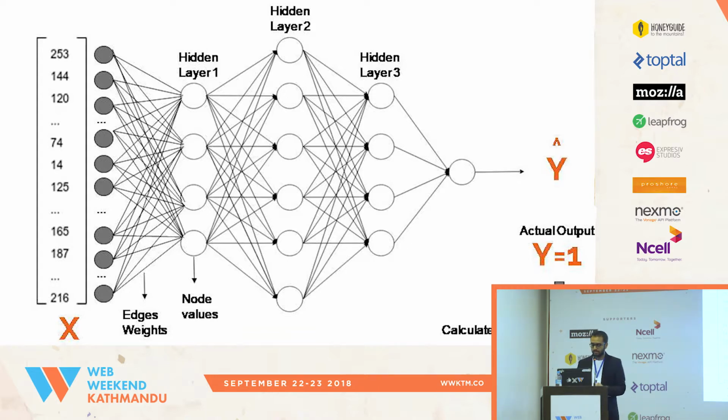What happens at the end is that we get this value of y hat. In the very beginning we may be very far from the target, because this is the image of Dafe, so the actual output should be 1. But we're not going to get anywhere close to 1, because this is just our first iteration. We have not even trained the model yet.